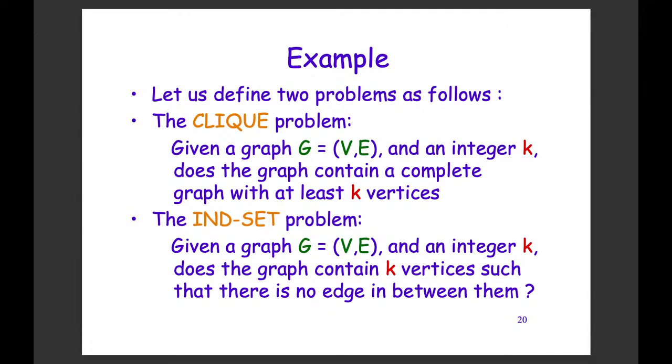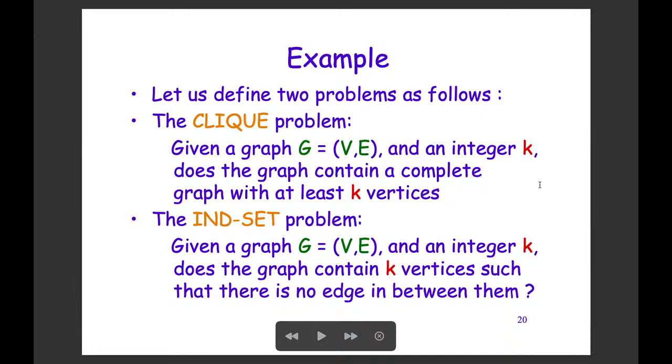So let me give you an example here. The first problem that we are looking at is clique. In English, it means a small group of people that know each other very well. In graph algorithms, what does the clique problem do? We are given an input graph, which is undirected, and we are also given an integer k.